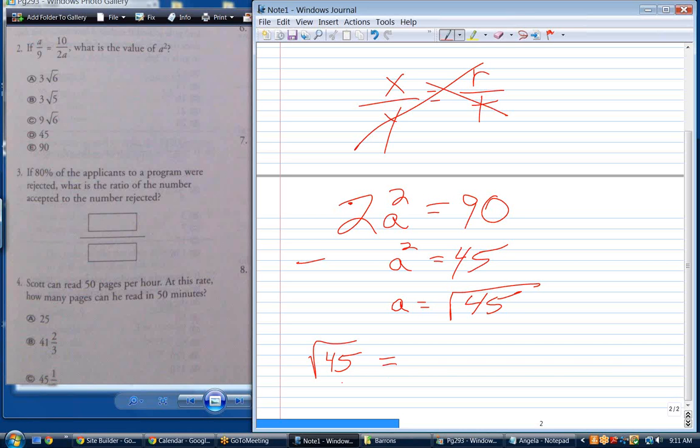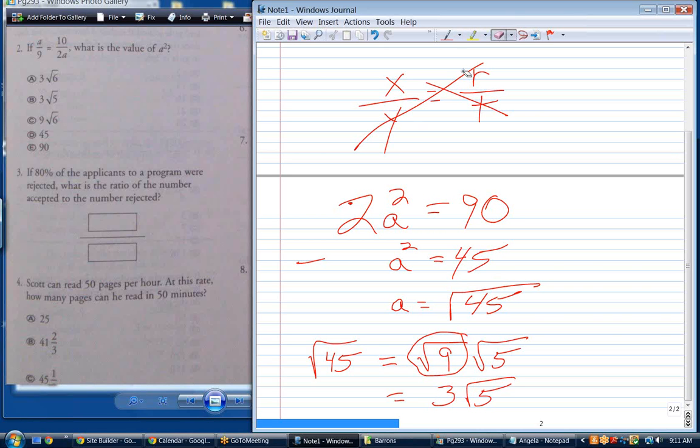What we're looking for is factors of 45 that have a perfect square. In other words, that's... And then times 5. Right, which is, and now we can take that out. The whole goal of simplifying radicals is to pull out whole numbers.